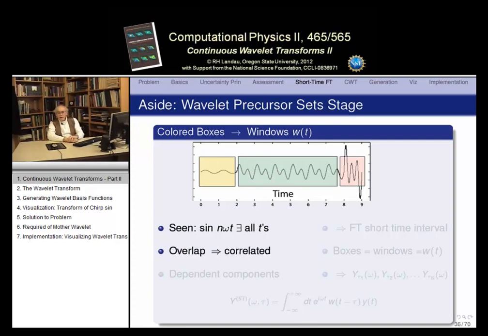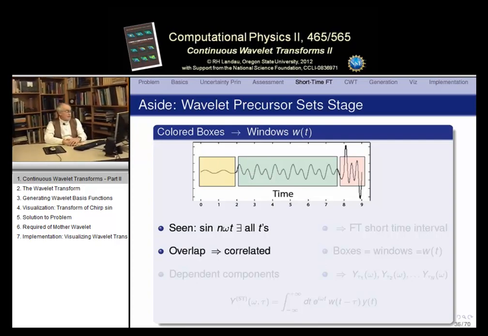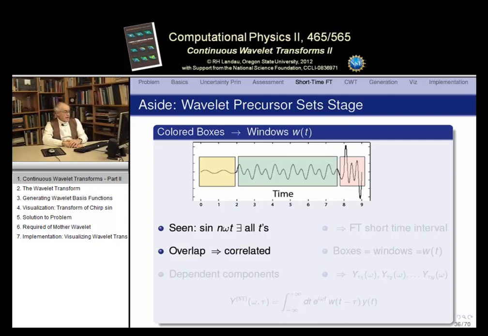Now, the usual Fourier analysis uses sine omega t, cosine omega t, sine 2 omega t, cosine 2 omega t, etc. But since all these functions exist for all times, they overlap with each other for all times, and therefore they're correlated. We've talked about that already, but because they're correlated, they have dependent components. So each component depends on another, and you just can't throw out one without affecting them all. So if you throw out one component, you really need to redo the whole analysis, which is very inefficient. So we'll get away from that.